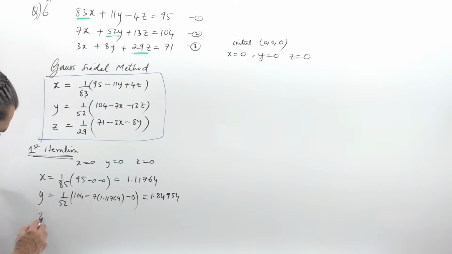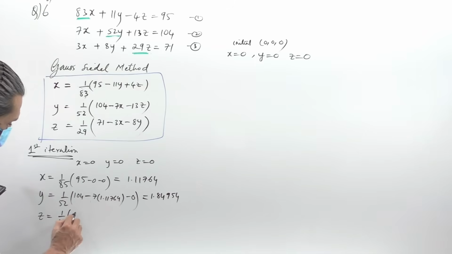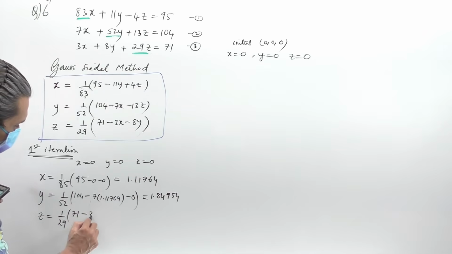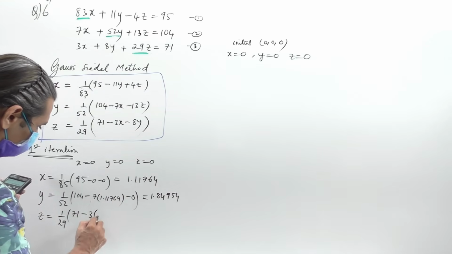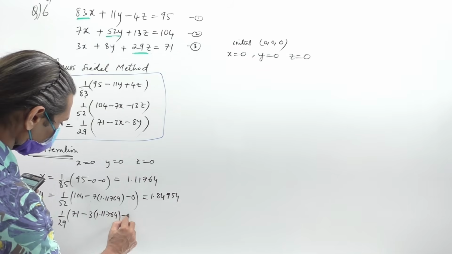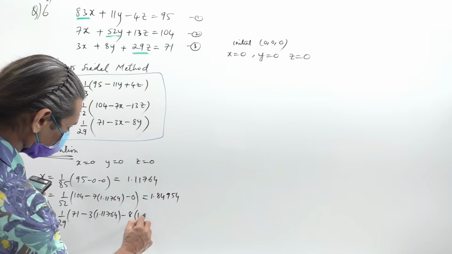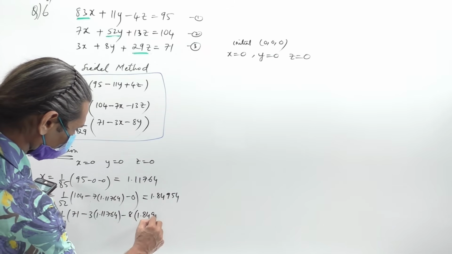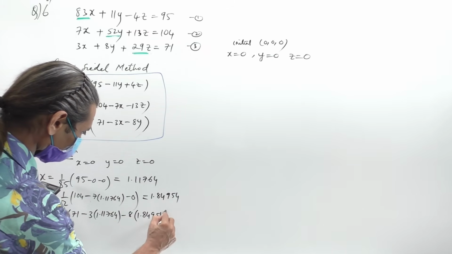Similarly, last value z is equal to, sorry, 1 by 29. It's 71 minus 3 into, what's the new value of x? 1.11764, and minus 8 into new value of y is 1.84954, which is stored in the answer. Okay.